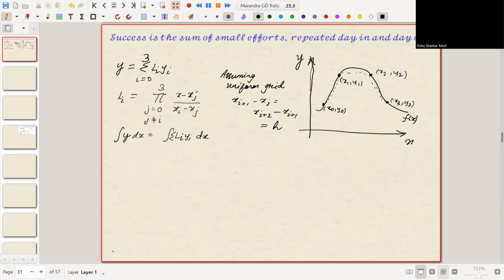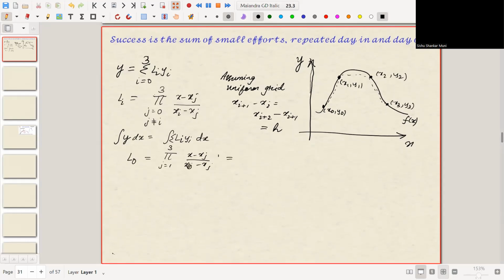So can we write L0? L0 is the product over j, and j can't be equal to 0, so j has to be 1 to 3. It is x minus xj, and xi is here 0, so that will be x minus x1 into x minus x2 and so on.